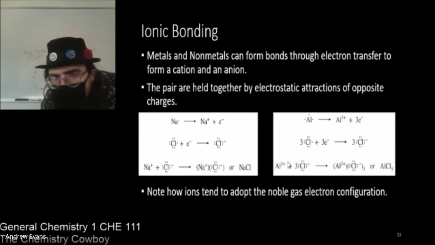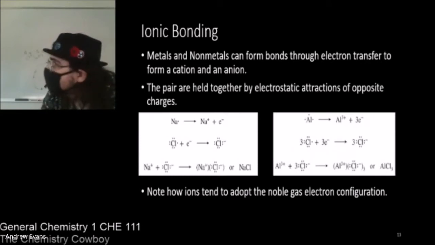But the one thing to note is that the ions will tend to adopt a noble gas electron configuration. Sodium, by losing 1 electron, adopts the noble gas configuration of neon. It has gone from 1s2, 2s2, 2p6, 3s1 to 1s2, 2s2, 2p6.